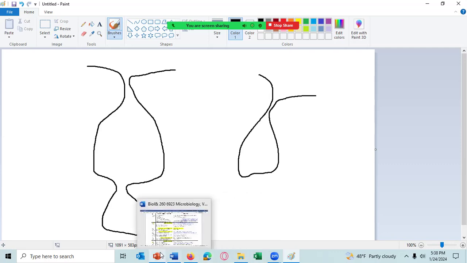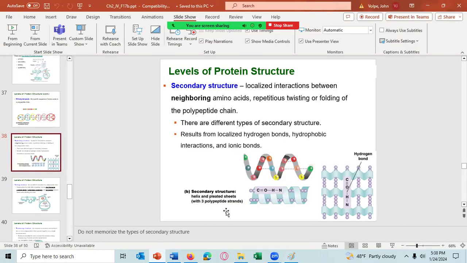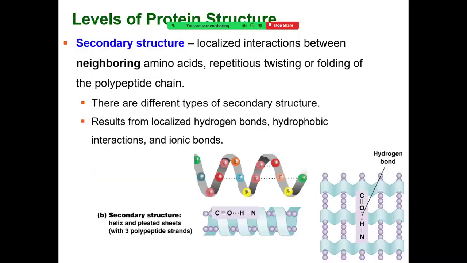Oh, where am I? Here we go. So there are three different types of shapes the protein can have from the neighboring amino acids interacting with each other. And these interactions can be attraction, such as a hydrogen bond forming between this amino acid and that amino acid.